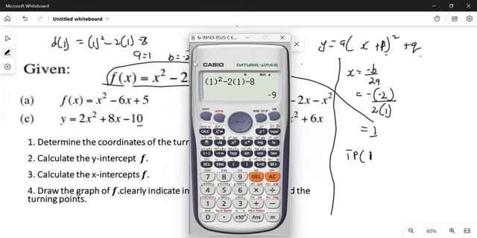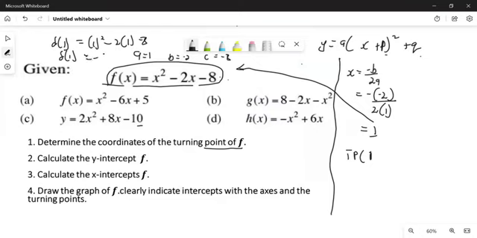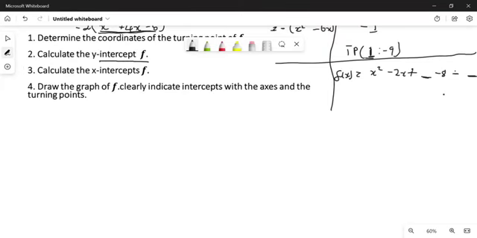And then if you press equals, it's going to be minus 9. Then you say, okay, when x is 1, our y is going to be minus 9. Again, we got the turning point.